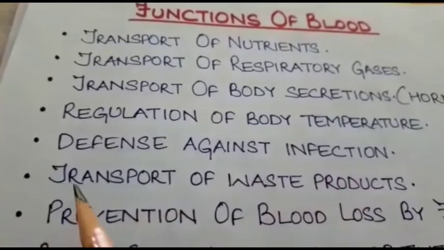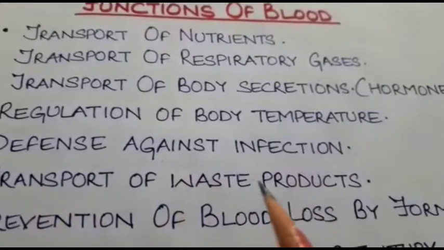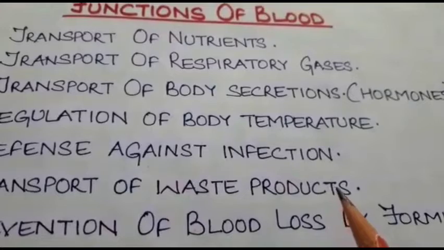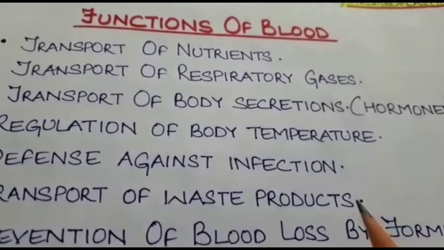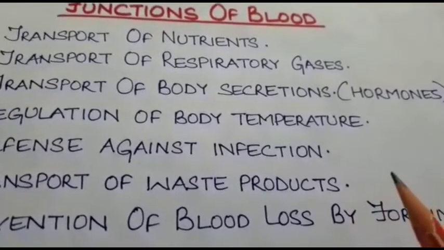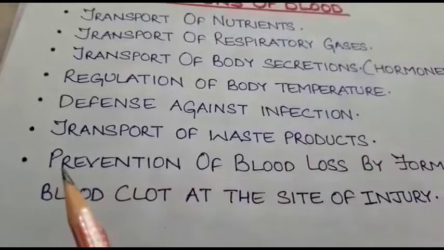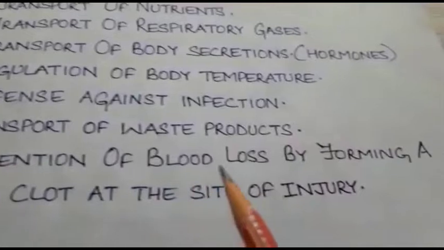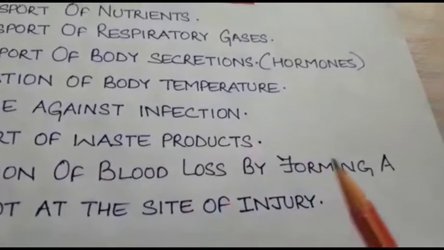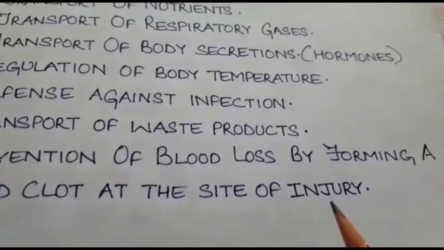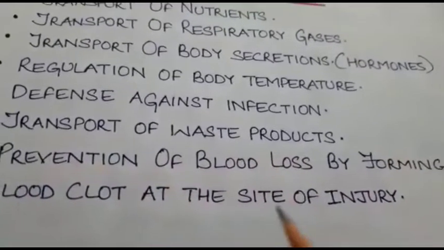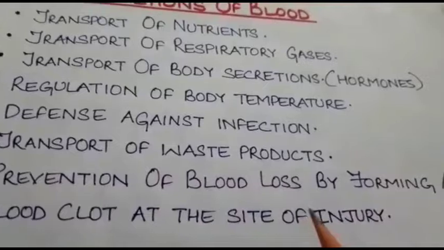The next function of blood is transportation of waste products to the part of the body where they will be excreted, that is to the excretory system. Next function of blood is prevention of blood loss by forming a blood clot at the site of injury, and specifically this is the function of blood platelets.